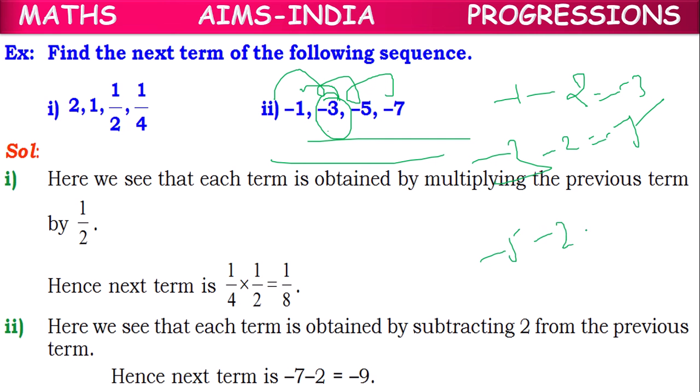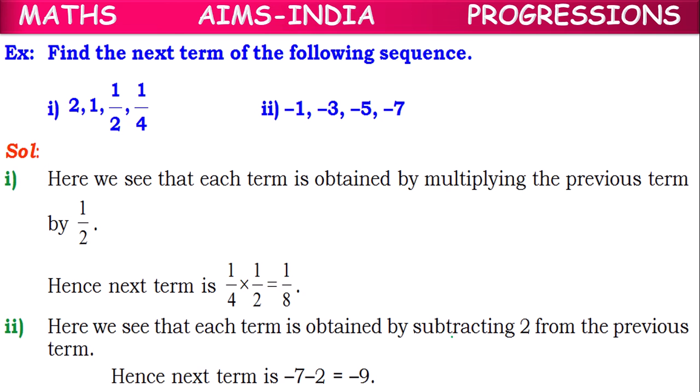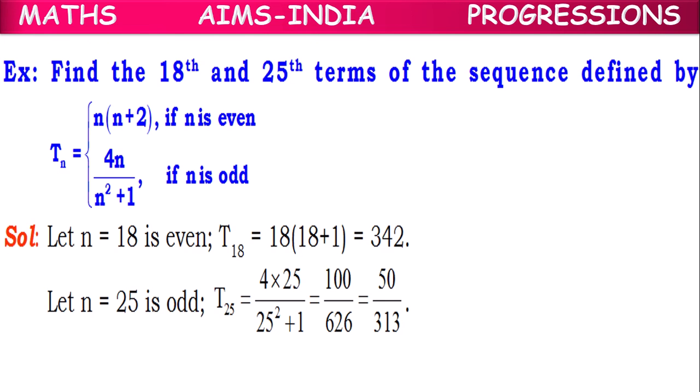From minus 5, subtracting 2 gives minus 7. So each term is obtained by subtracting 2 from the previous one. After minus 7, the next term is minus 7 minus 2, which is equal to minus 9. So the next term is minus 9. Like this we can find next terms in sequences.